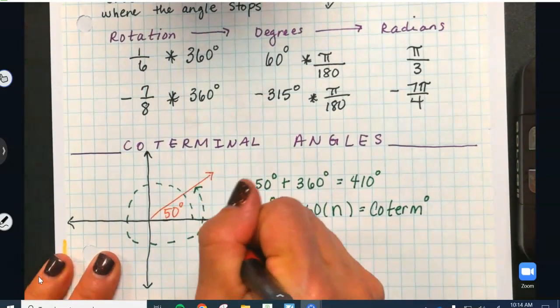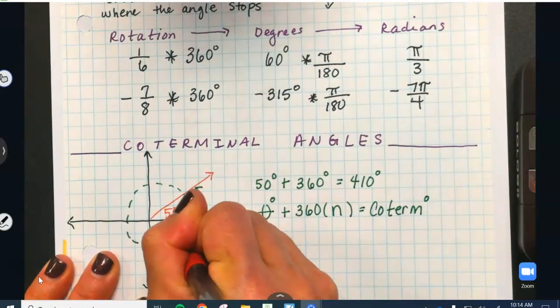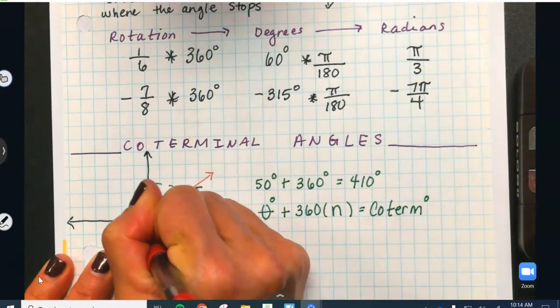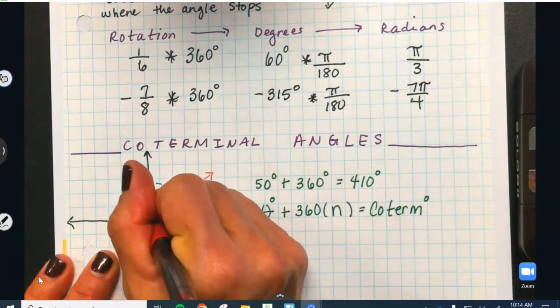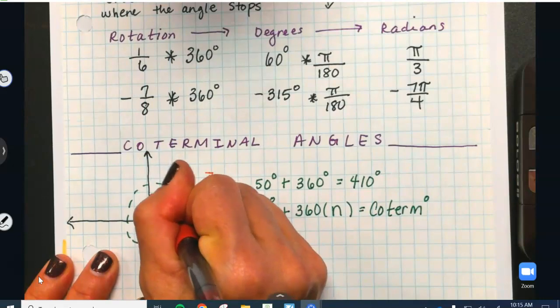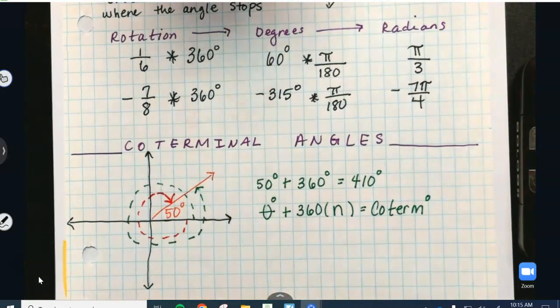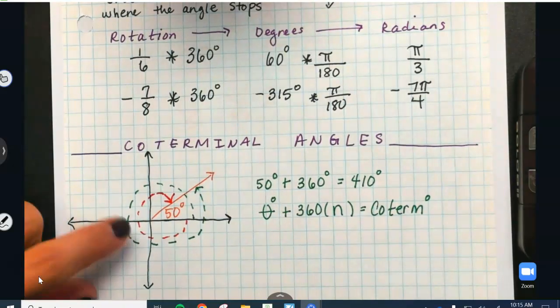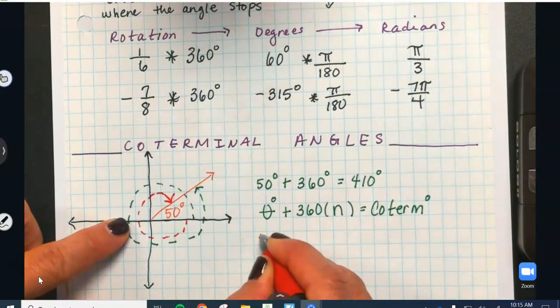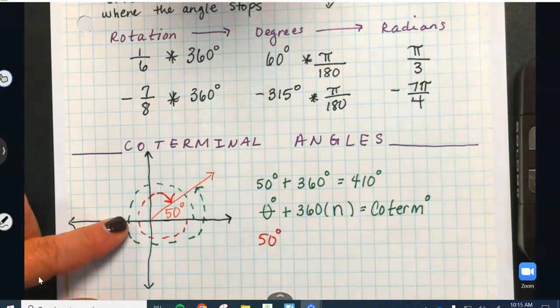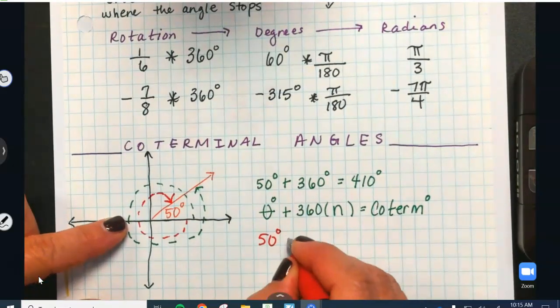Let's draw a negative angle. Now when I draw a negative angle, I don't have to wrap around twice because I can just stop on that terminal angle because it's going to be different. So if it's negative, another coterminal angle for 50 degrees is going to be 50 minus 360.